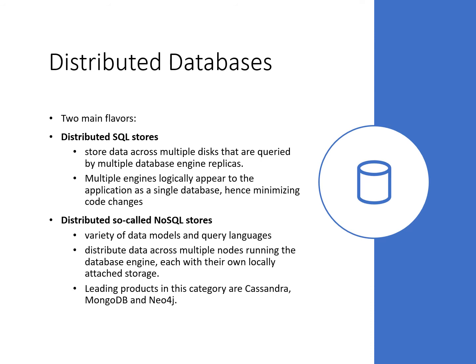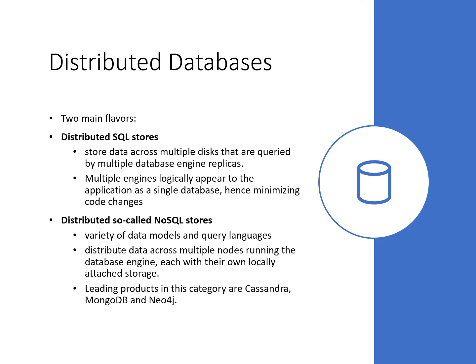Again, the location of the data is transparent to the application and typically controlled by the design of the data model using hashing functions on the database key. Leading products in this area are Cassandra, MongoDB, Neo4j, Couchbase. There are many, and each of these implements a different data model and different API.